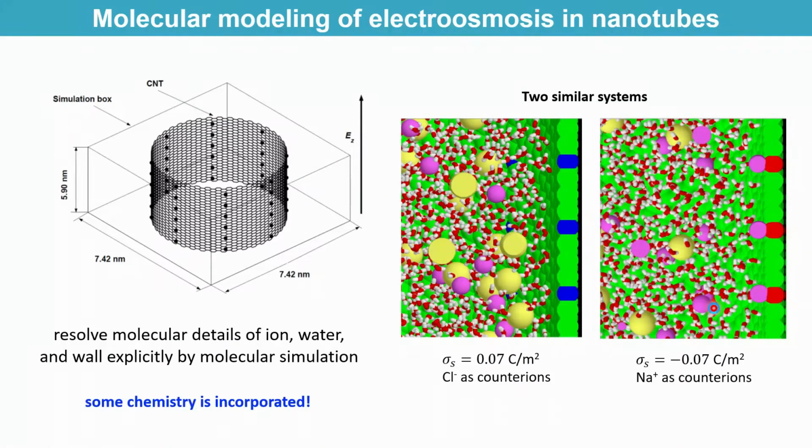Well, we don't know yet until we run the simulation. But the good thing is that some of the chemistry unique to ions, water molecules and nanotube is built into our system. So this serves as a good model system to test whether chemistry plays a more important role than classic fluid dynamics would have assumed.